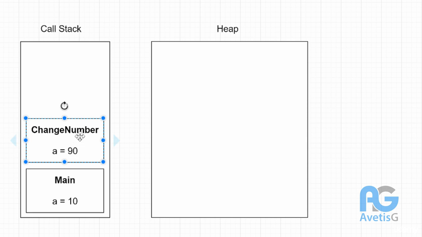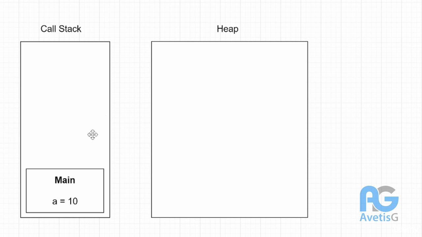And that method has its own a, even though we passed in an argument a into change number. What happens here is that a got into change number, and it says, okay, that's great. I'm going to change your a that you passed into me into 90. And then after this method was complete, it was popped out of the stack.